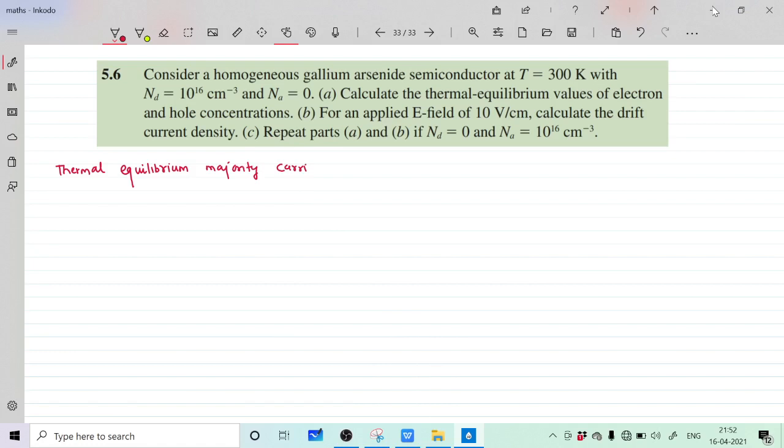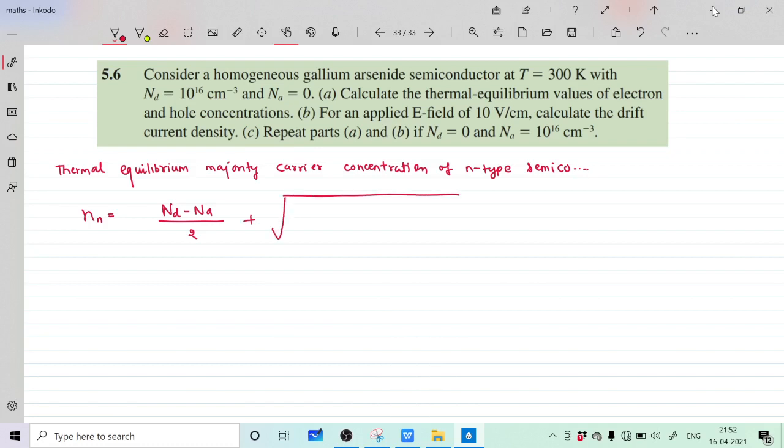Nn is equal to (Nd minus Na) by 2 plus the root of ((Nd minus Na) by 2) whole square plus Ni square. Okay, this is our equation number 1, right?